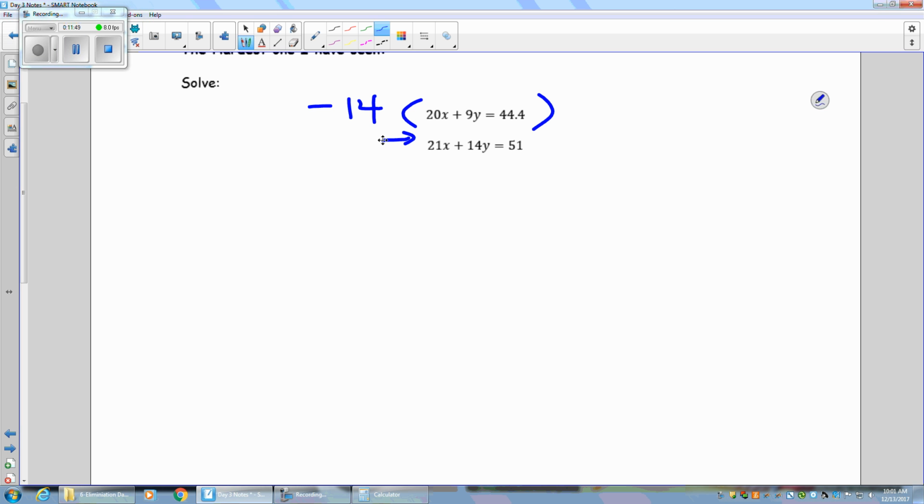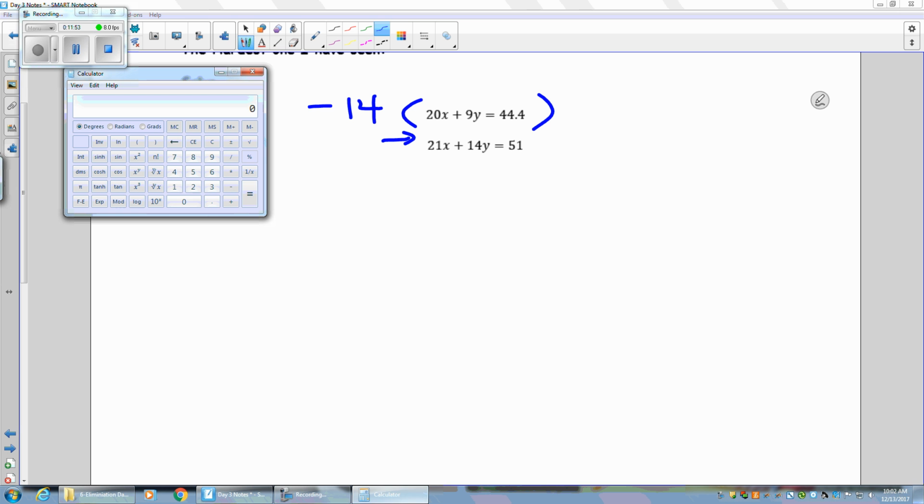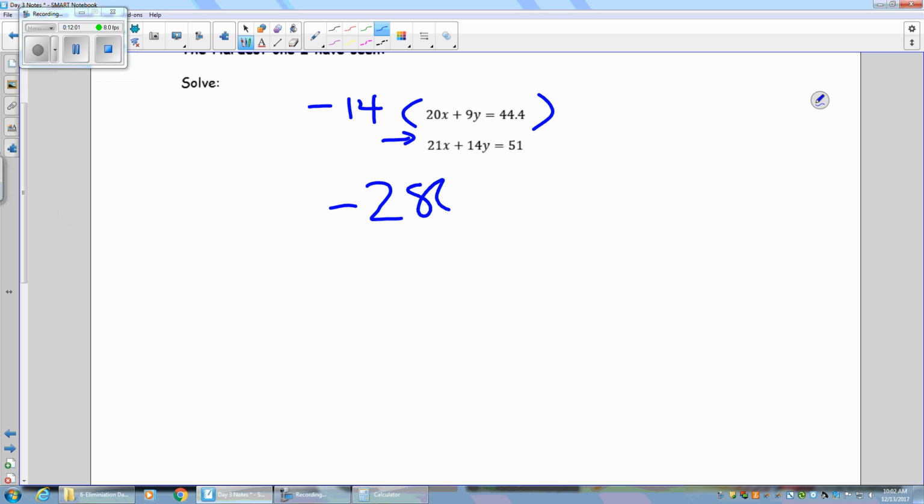So negative 14 times 20 is something that I don't know, so I'm going to take out my calculator and go 14 times 20. I don't even need to put the negative sign there because I know it's going to be negative 280. So negative 280 x's minus 9 times 14.